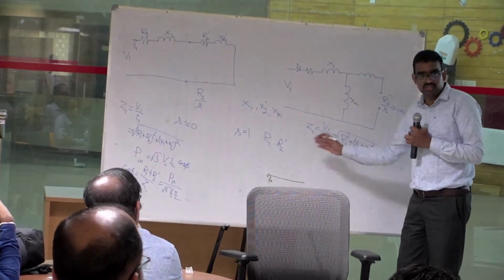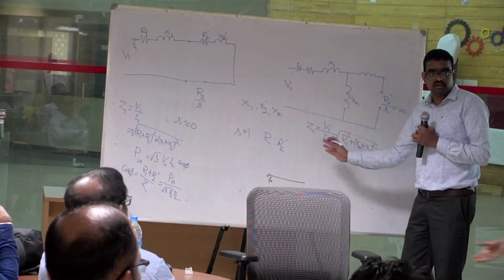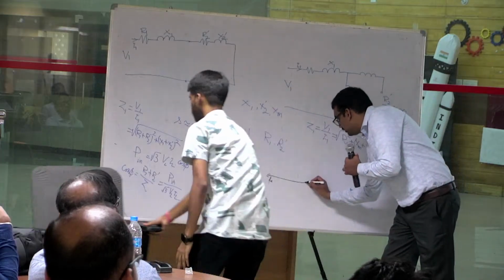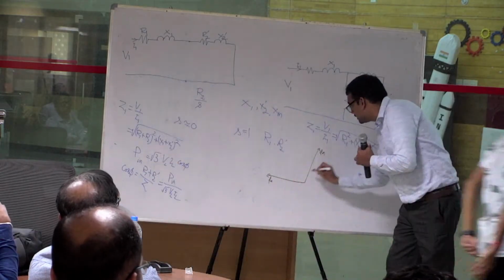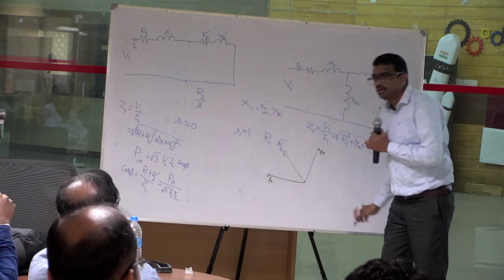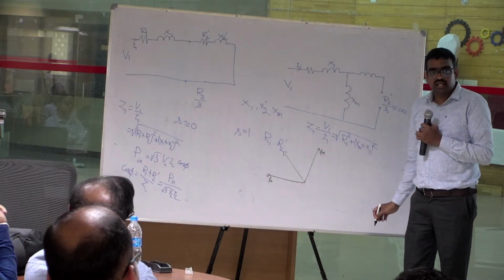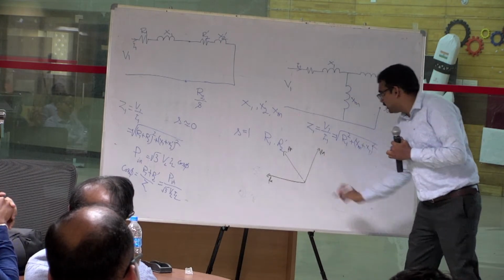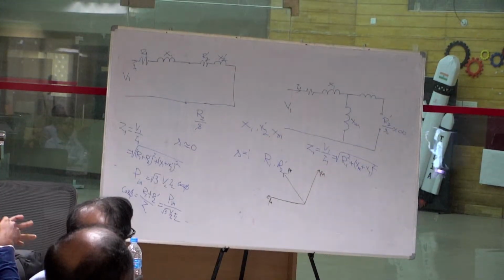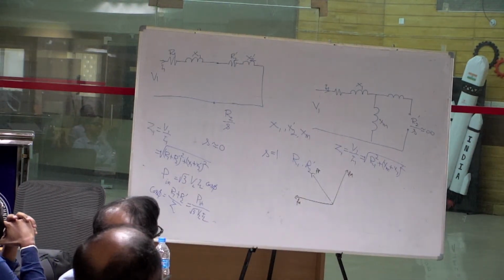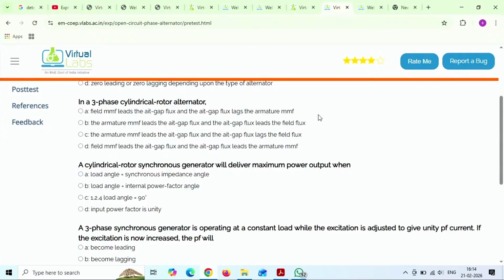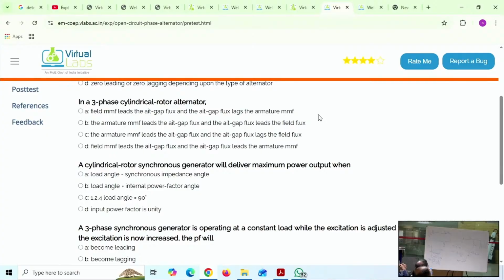If it is a combination of lagging or other, we have different phi A. The resultant of this is the air gap flux. What statement will follow this? Air gap is in between the two. You got the statement, right? Among these four, which statement satisfies this relation?